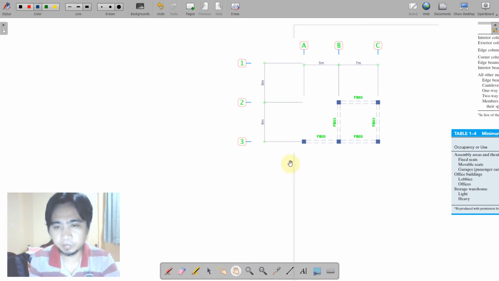So here we have a given figure which shows the framing system of a certain building carrying a light storage facility.